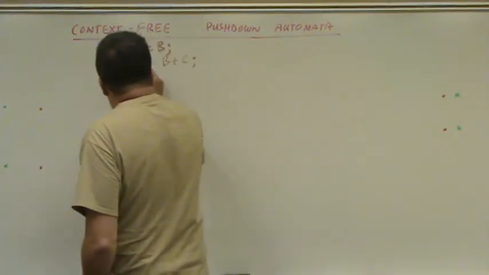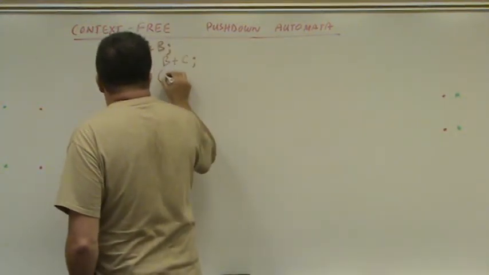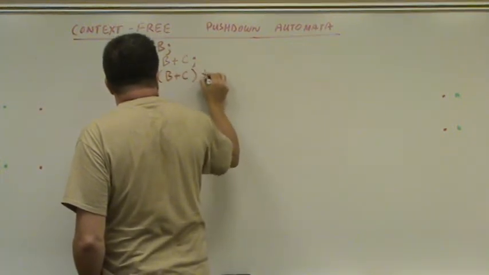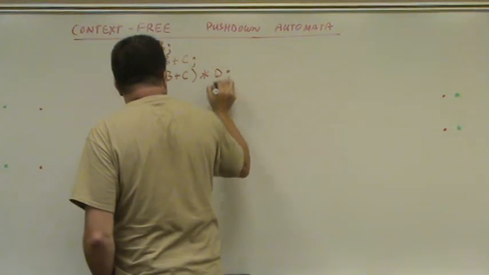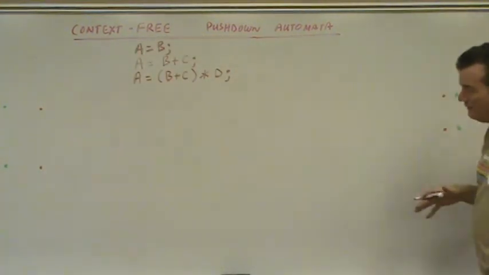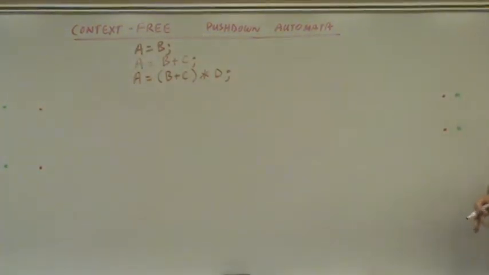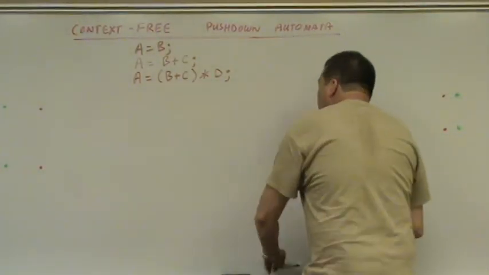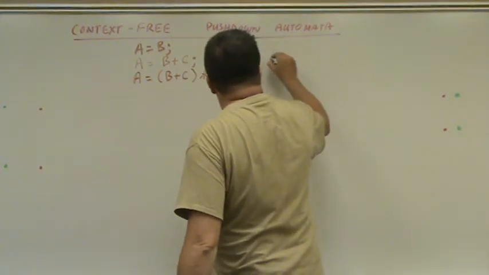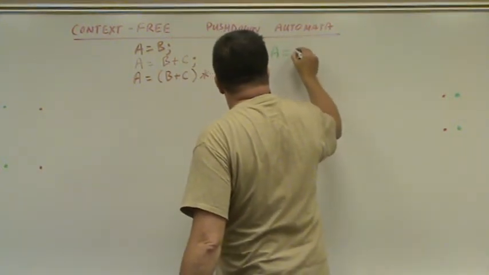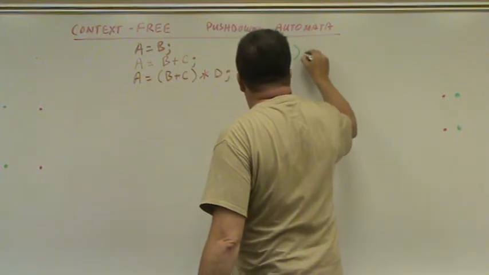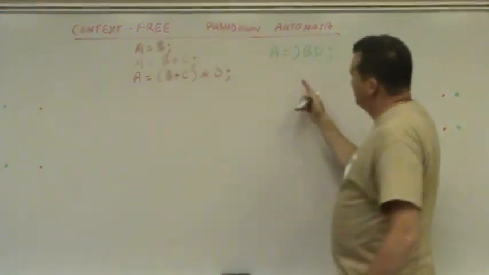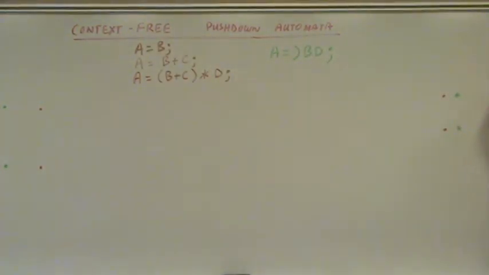We could say A equals open paren B plus C close paren times D, semicolon. That's allowed, right? And an example of something that's not allowed would be A equals close paren B D semicolon. That would say, wait, that's no good. The compiler would say no good.